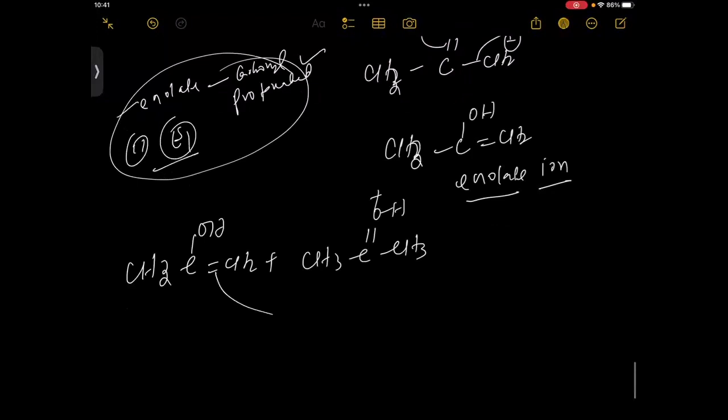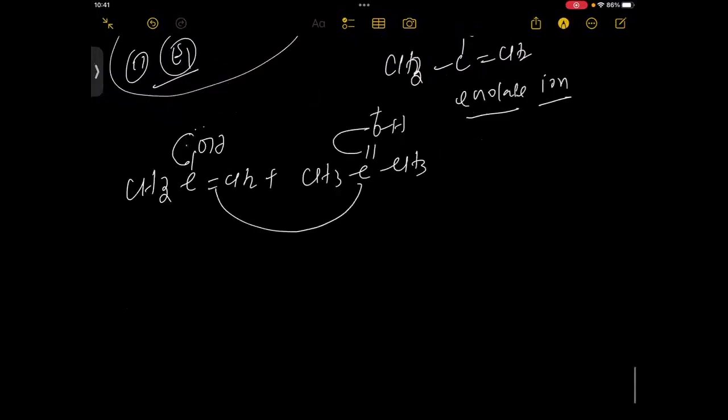Here the bond will move, and this part will come here, so CH3 C double bond OH, CH2, and C OH, and CH3 will form.